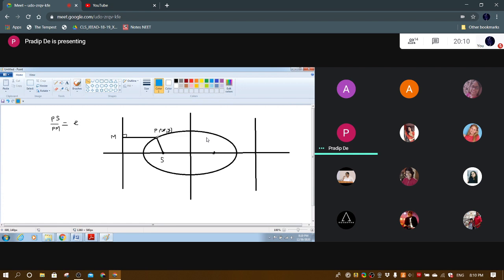If I join from P to this point, then you have to draw a perpendicular on the corresponding directrix. You have to find the ratio of these two distances.